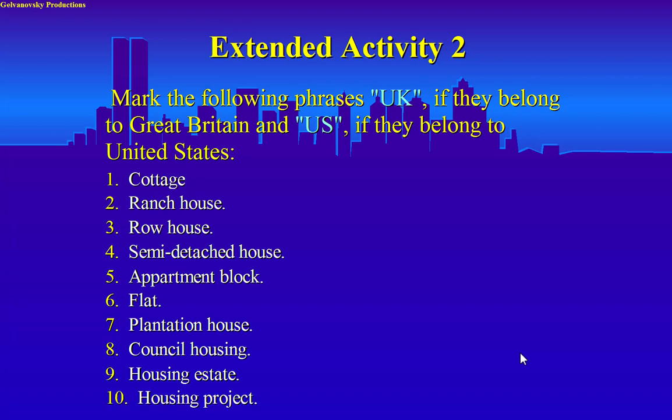Please stop your video now to think and to mark those phrases on a piece of paper using UK or US. To check your answers, you'll have to go back and re-watch the video.